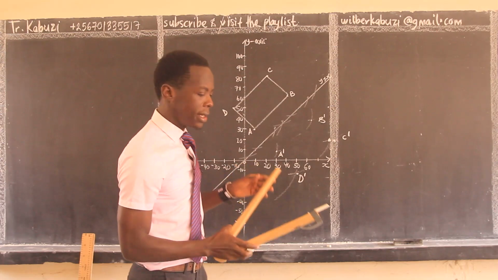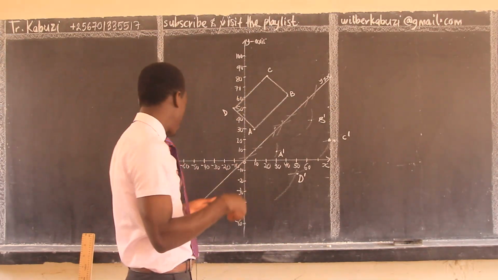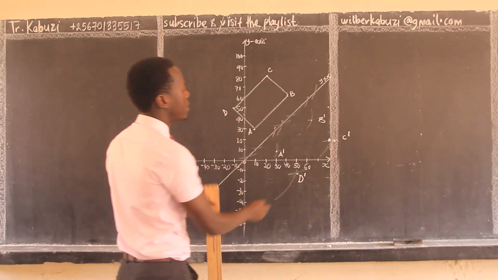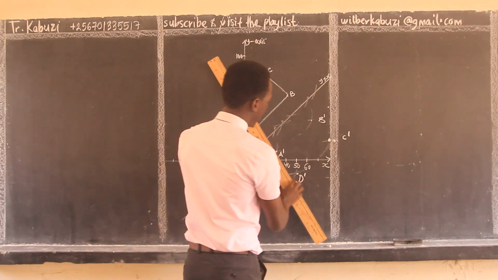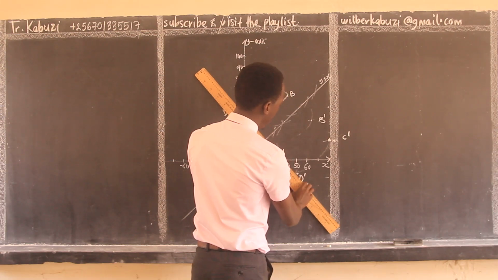So that's the process. Then after, you join the coordinates of the image. Remember we said we use prime if we are dealing with the image. So I join them.